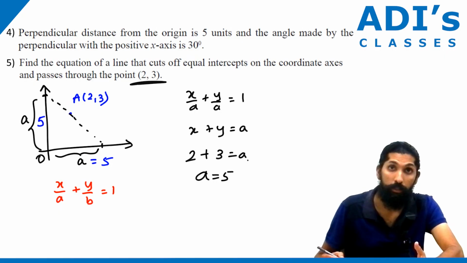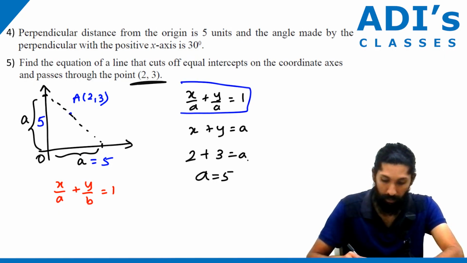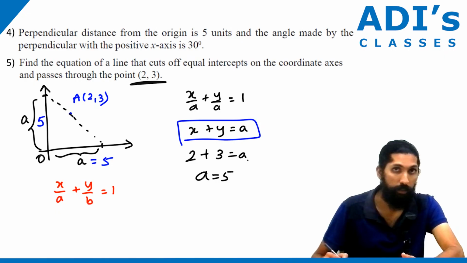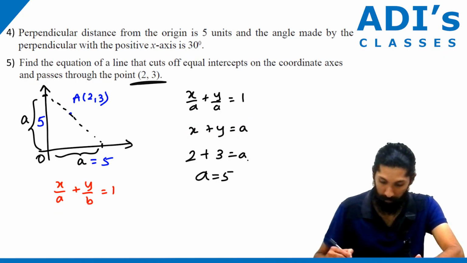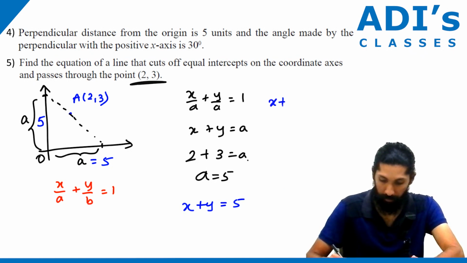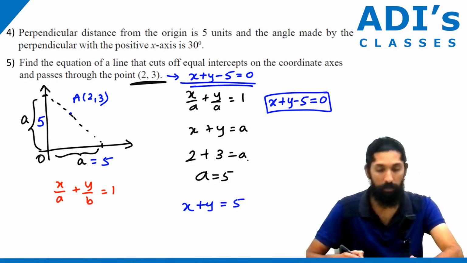So what do you get the equation as? x by 5 plus y by 5 is equal to 1, or x plus y is equal to a, that directly you can take. Therefore, the equation becomes x plus y is equal to 5, or x plus y minus 5 is equal to 0. This is the equation. Clear?